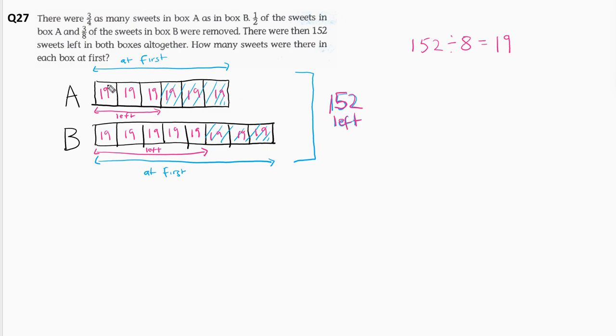Box A has 1, 2, 3, 4, 5, 6 parts, so 6 times 19, which gives us 114 sweets. And B has 1, 2, 3, 4, 5, 6, 7, 8 parts, so 8 times 19, which gives us 152 sweets. And there we go.